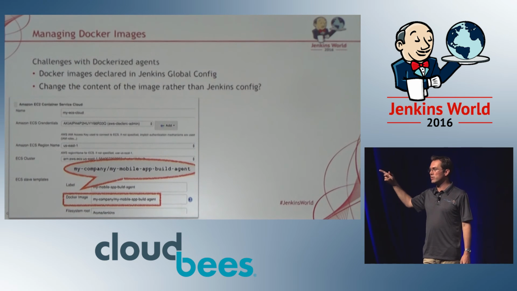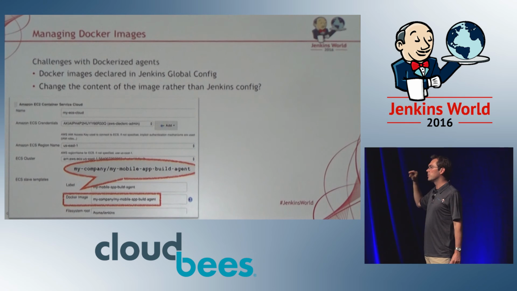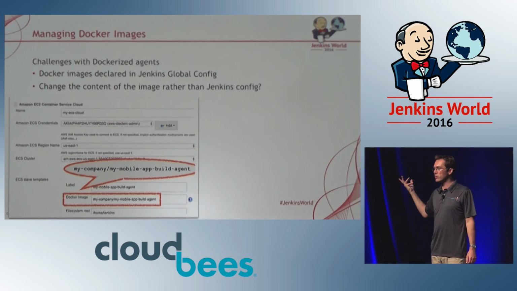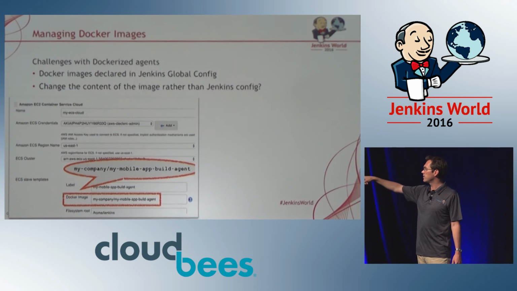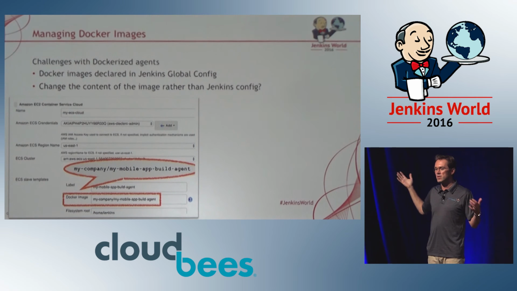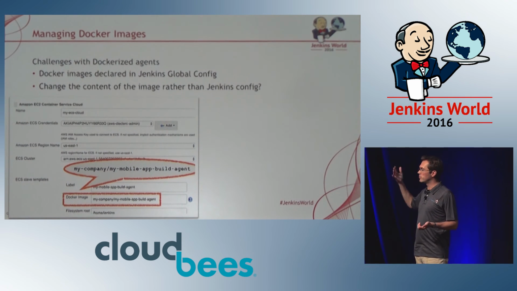so that you will not have to update all the time your Jenkins config, where you have to go through the Jenkins admin. Instead, it's the application team that will be able to enhance the Docker image, do its Docker push to push a new version of the image, and as we are based on the latest version of this Docker image in the Jenkins configuration, it's a way to distribute newer versions or changes of the Docker image.